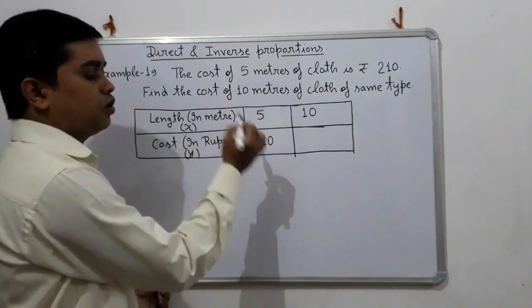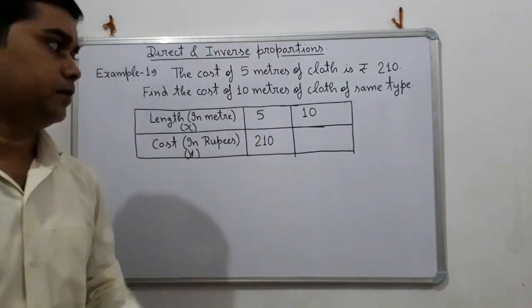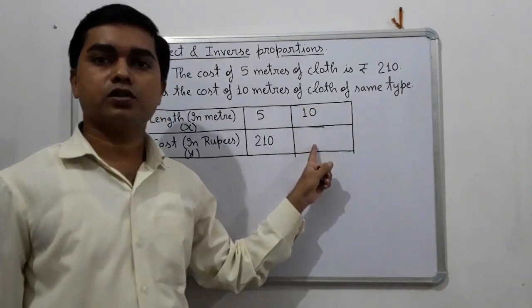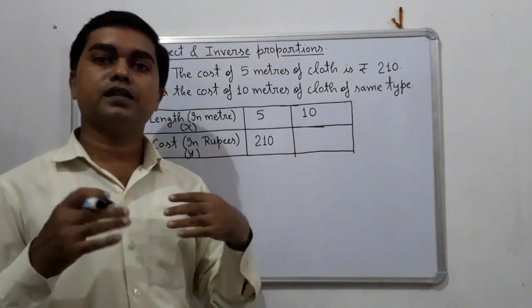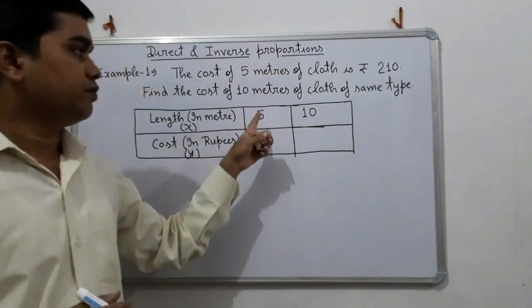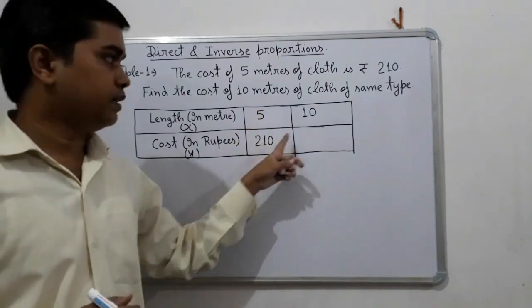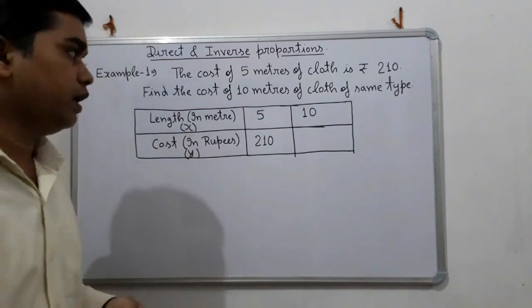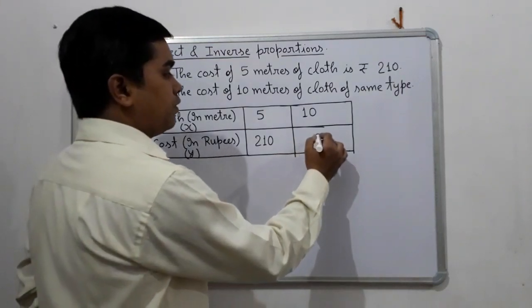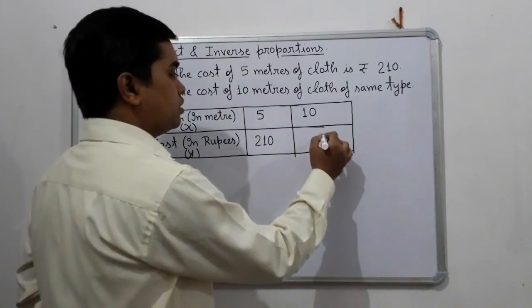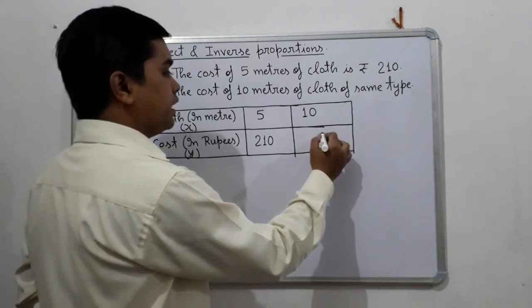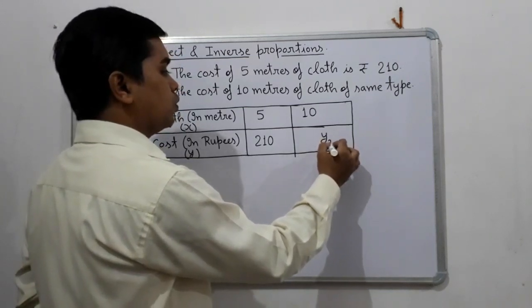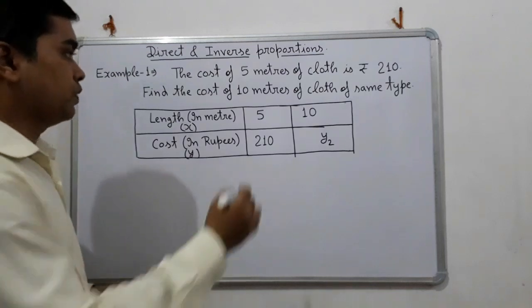Now 5 मीटर की कॉस्ट 210 है, तो 10 मीटर की कॉस्ट क्या होगी, कम या ज़्यादा? Tell. 5 मीटर की कॉस्ट 210, then 10 मीटर की कॉस्ट क्या होगी, ज़्यादा होगी. ओके. So अगर यहाँ पे मैं कोई एक वैल्यू लेता हूँ, मीन सपोज this is y, so take here y2. I am writing here y2.